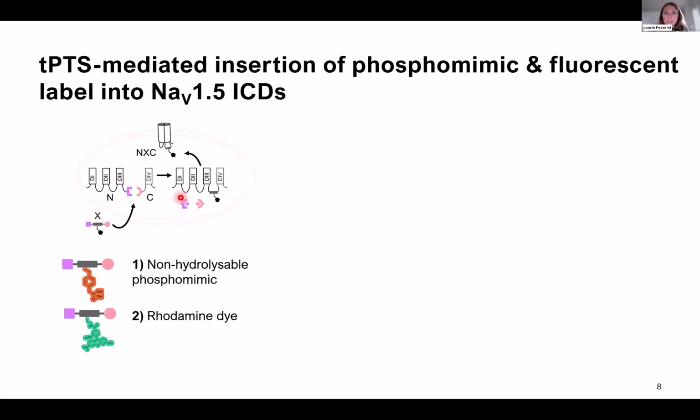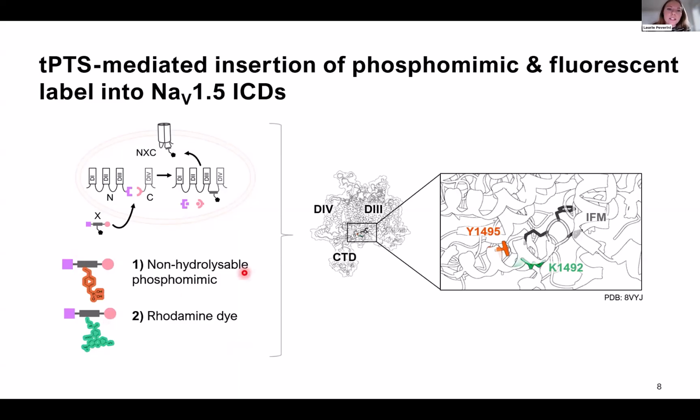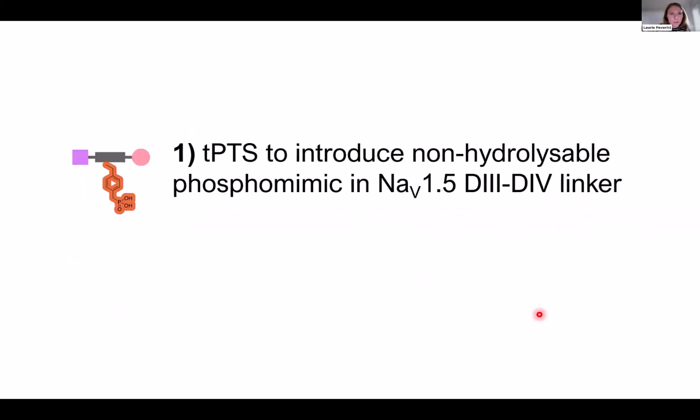In the context of NaV1.5, we decided to introduce first a non-hydrolyzable phosphomimic, which corresponds to the first project that I will present. And second, fluorescent dyes, more precisely incorporated into the alpha helix just upstream of the IFM particle of NaV1.5. Now I will present the first project.